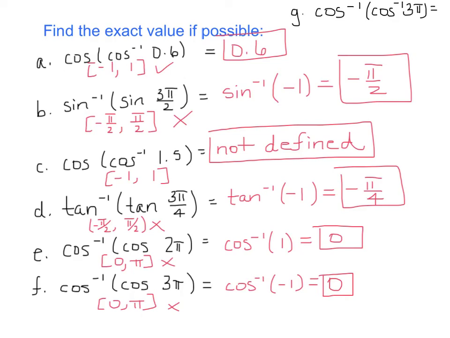Well, if we did something like this, remember, for the inverse, it has to be between 0 and pi. Well, since we're doing the inverse, 3 pi is not even in that interval, so we can't even do this problem. So this would be not defined.